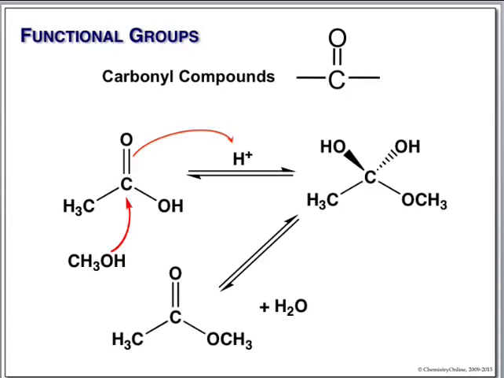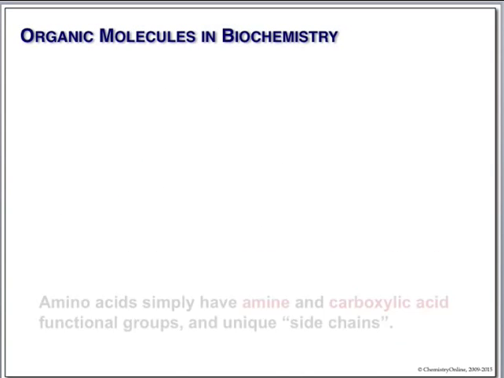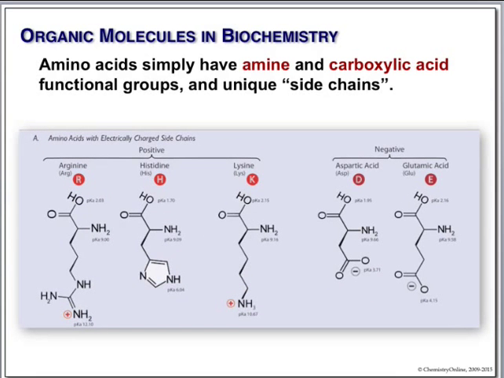Now, I said that amides were important. Remember, an amide was a carbonyl with a nitrogen on this side. These are important because these are the things that show up as peptide linkages in proteins, and we start with amino acids.